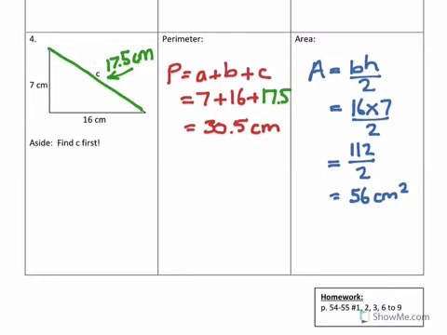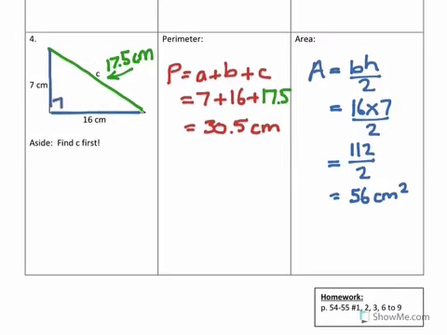So this is great because we already figured out that side and we don't have to worry about it anymore. So if we do the perimeter, we're going to add up all the sides, 7 plus 16 plus 17.5, which is right here. And that gives me 30.5 centimeters. Now the area formula is going to be your base, so that's the bottom, times your height, which is at a 90 degrees.